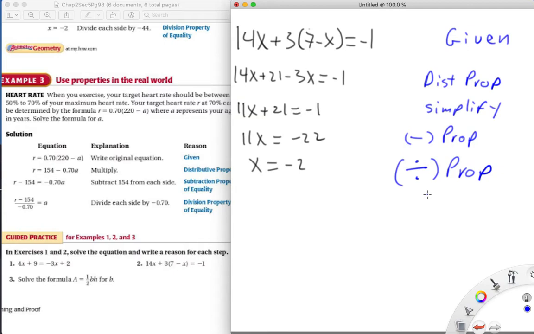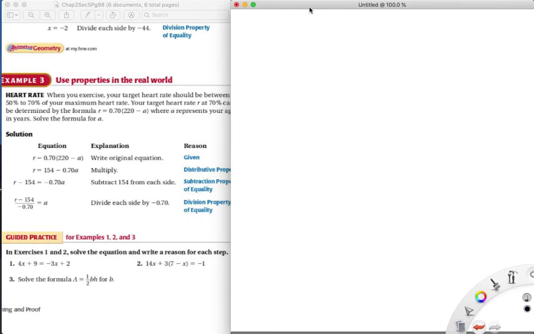Alright. Simple enough. Next one. They want me to solve for b. So a equals 1/2 b times h. Multiply both sides by 2. 2a equals b times h. Divide both sides to get to b. So 2a divided by h equals b.